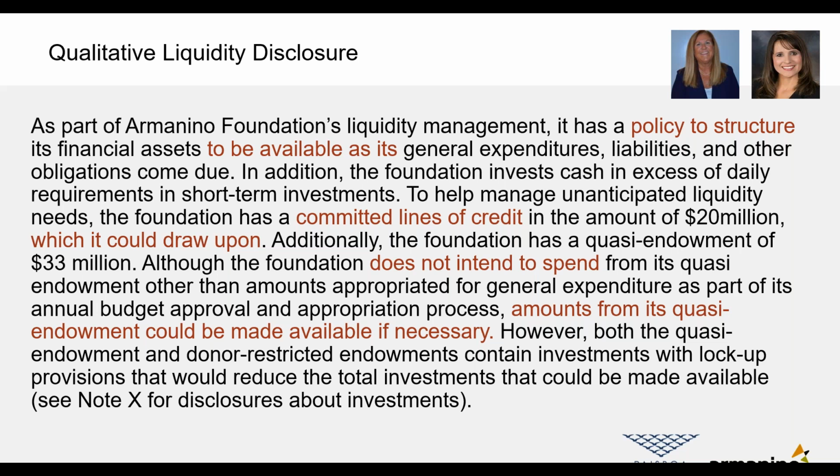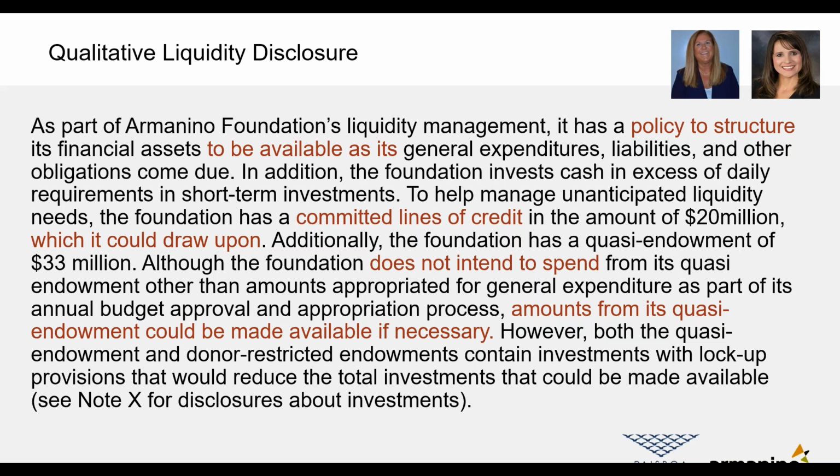So in this disclosure, we just said as part of the Armanino Foundation's liquidity management, it has a policy to structure its financial assets to be available as its general expenditures, liabilities, and other obligations come due. And then we go down and talk through how, to help manage unanticipated liquidity needs, the foundation has a committed line of credit. We disclose the amount of the line of credit. That line of credit can be drawn upon if we need to.